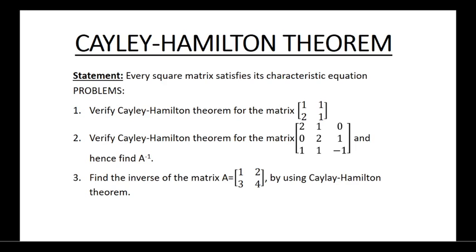Again we verify A square minus 2A minus I is equal to the matrix 3 2, 4 3 minus the 2A matrix 2 2, 4 2 minus the identity matrix 1 0, 0 1. On matrix subtraction, we get 0 0, 0 0, that is the null matrix. Hence we say that the matrix A satisfies its characteristic equation.